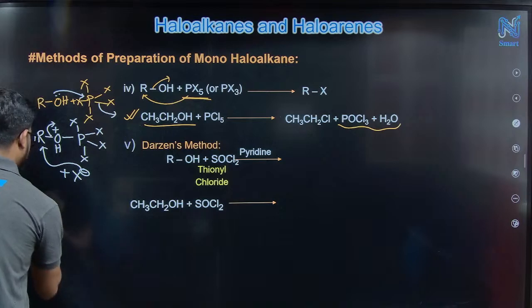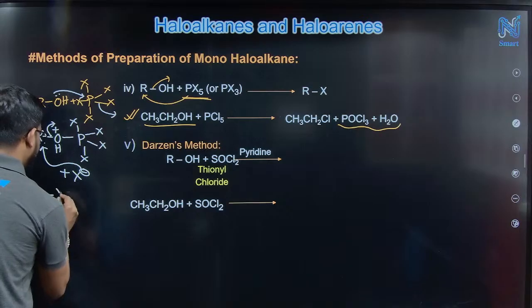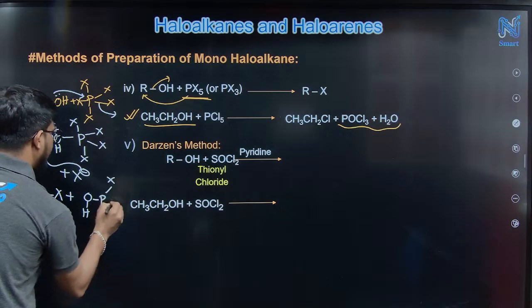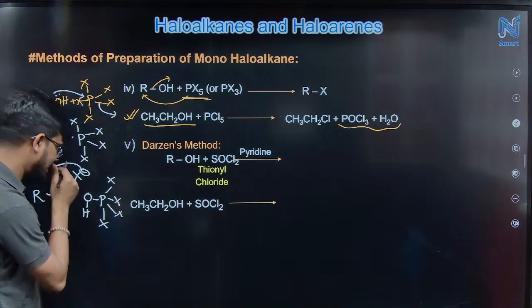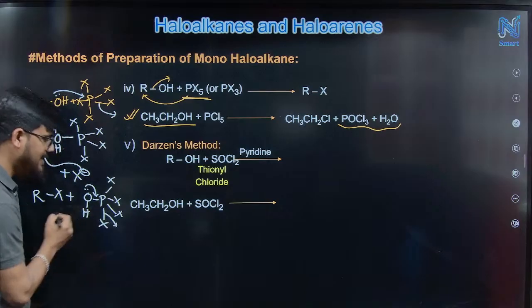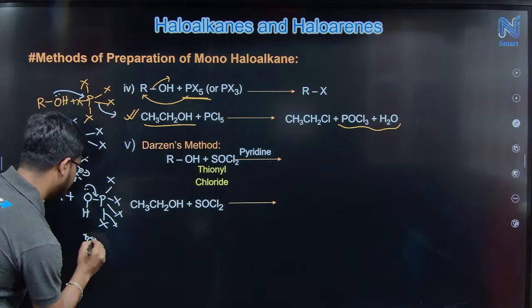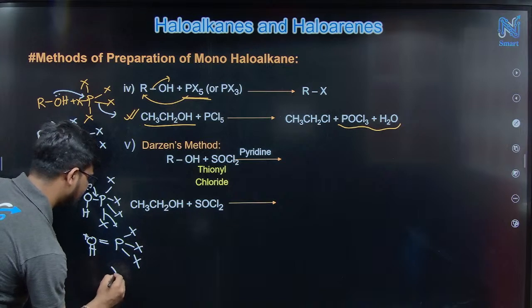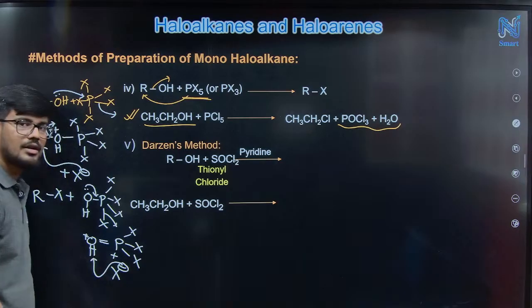So what you will get? RX plus OH bonded to P with 4 X, I think it is visible, right? Yes. Next step, this lone pair will make a pi bond and X minus will be released. So from this we get OH plus a double bond P with 3 X, and X minus will be there, and this X minus will take this proton, H plus.